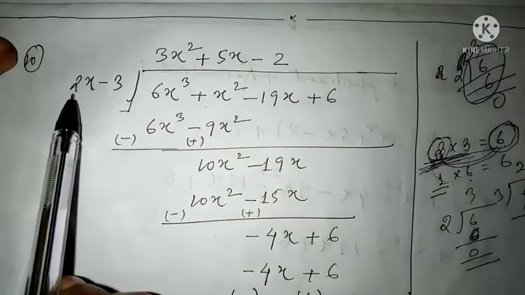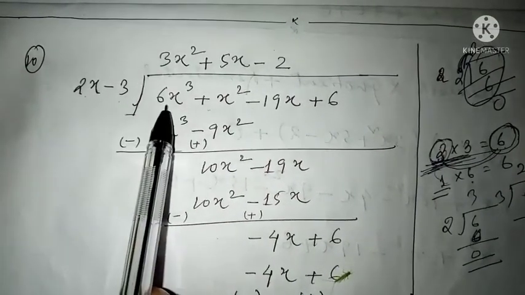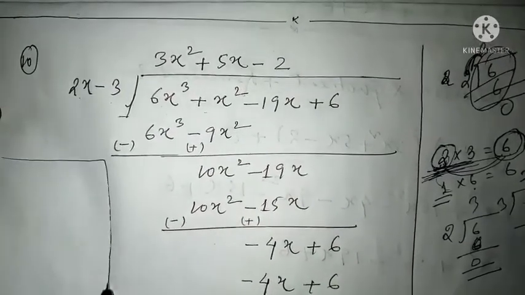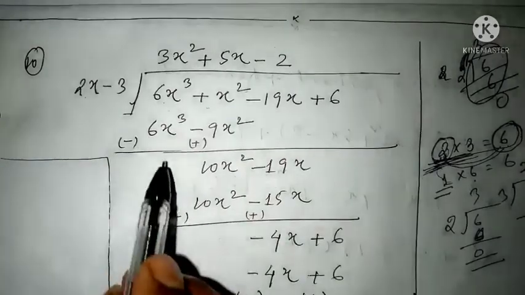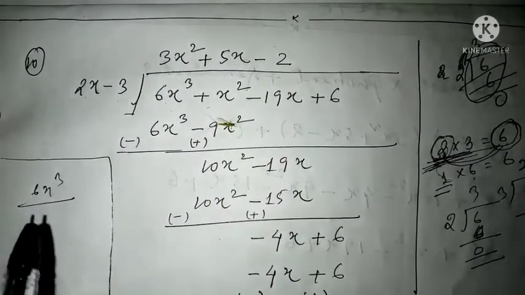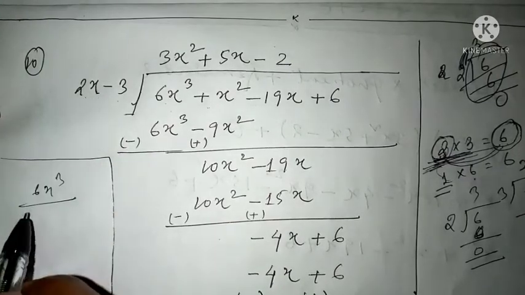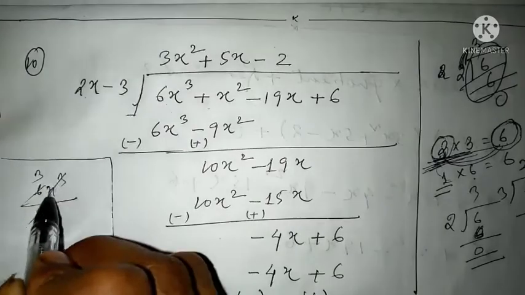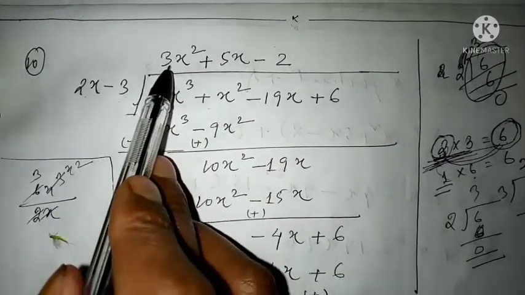I'm not writing this one now, I'll simply explain it. See here, the first term is 2x, here it is 6x cube. The first term is 6x cube, you write here 6x cube. And 2x divides 6x cube, that will be 3x square, so you write here 3x square.